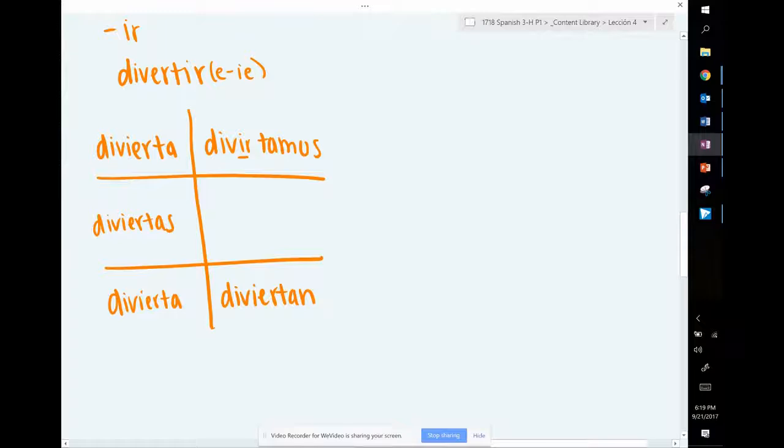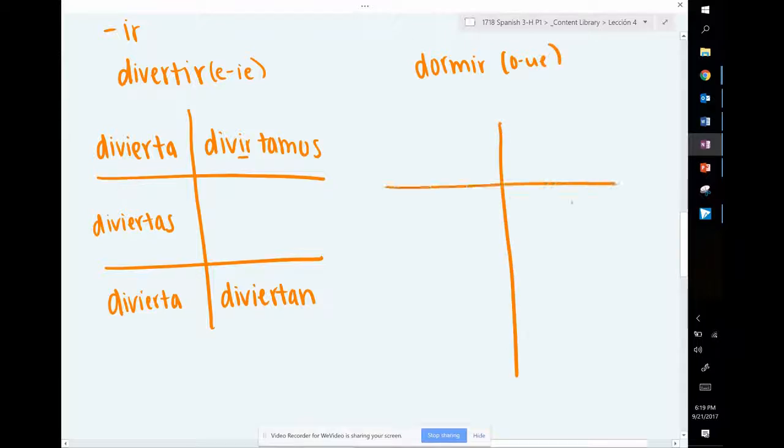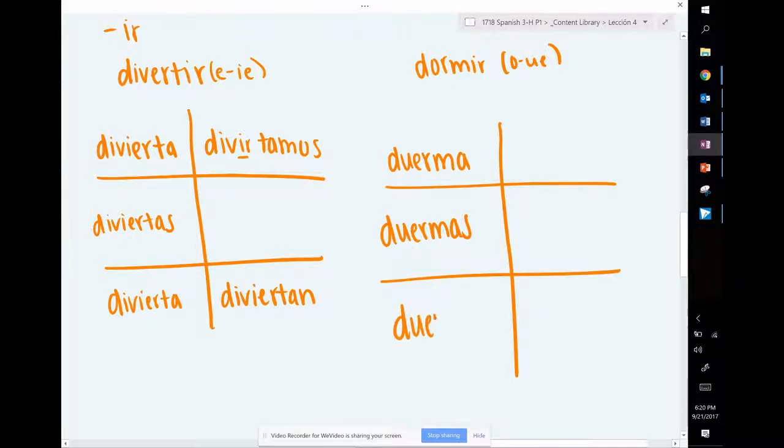Let's look at another IR stem changer, like dormir, which is an O to UE. So when we put it in the subjunctive, duerma, duermas, duerma, durmamos, and duerman. Again, we're following our normal stem changing pattern in the boot, but the nosotros form of the verb is getting a stem change. But not just any stem change.